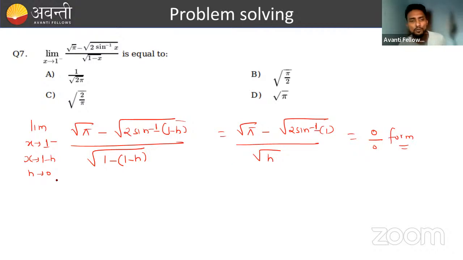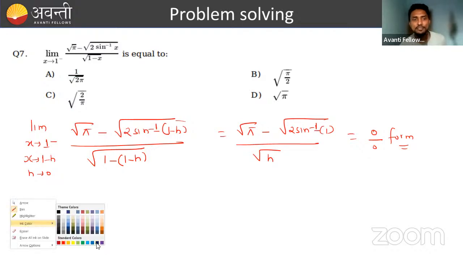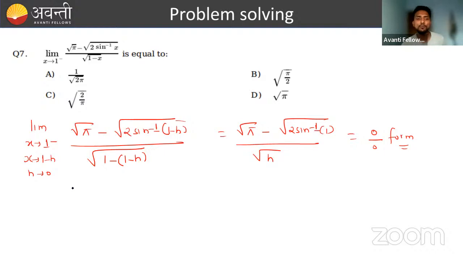So what can you do? Simply differentiate both sides. After differentiating, what are we going to get? This is root pi, so this is constant and it will become 0, minus root 2 sine inverse x.